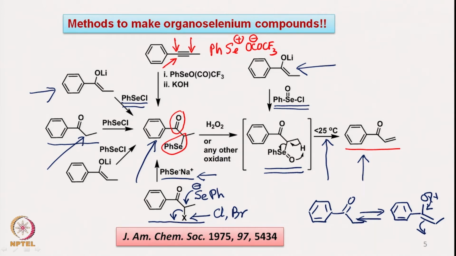So, these are various ways by which one can carry out the reactions of introducing a selenium atom or seleno group at the carbon atom of organic substrates.